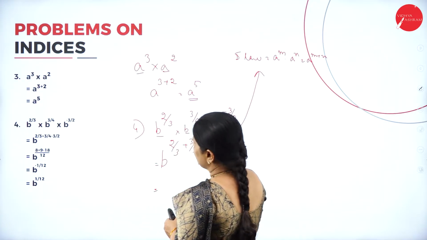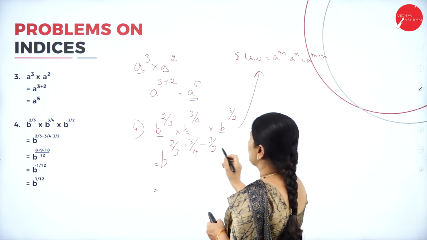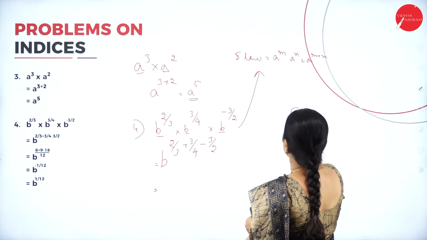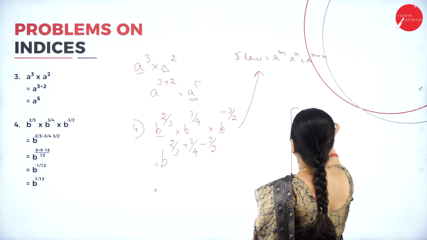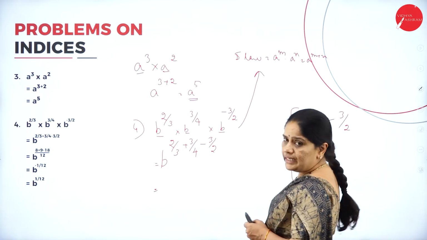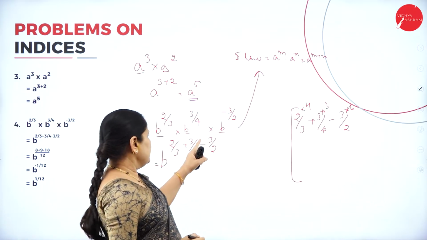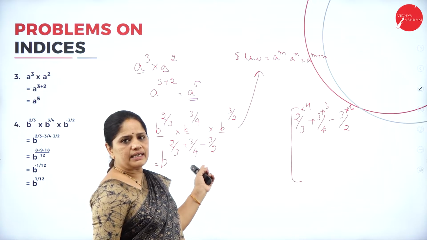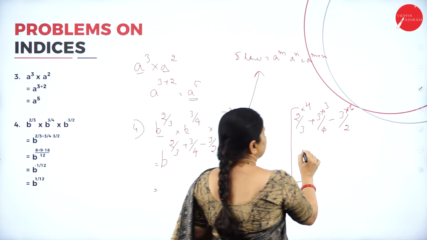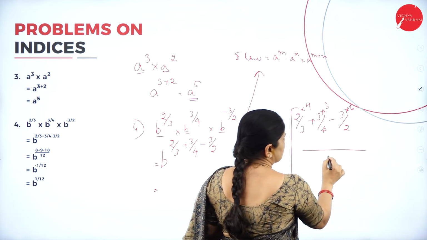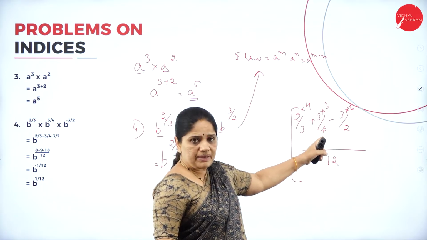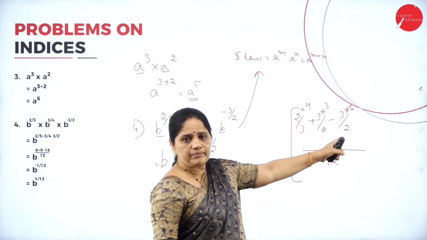Now, in the working column, I will write 2 by 3 plus 3 by 4 minus 3 by 2. Only the powers are there, so we will be adding all the powers given here. So, I will take the LCM here. 3 4s are 12. 12 is divisible by 3, 12 is divisible by 4, 12 is also divisible by 2.